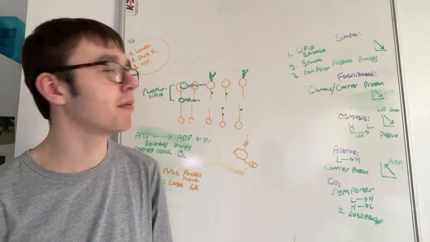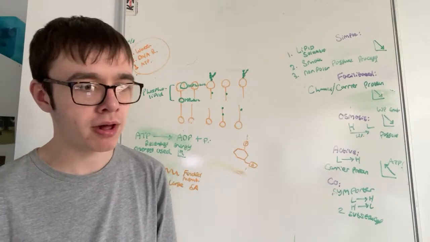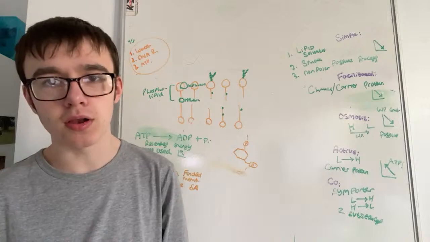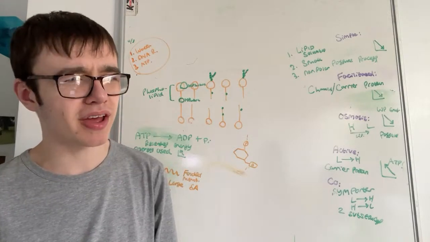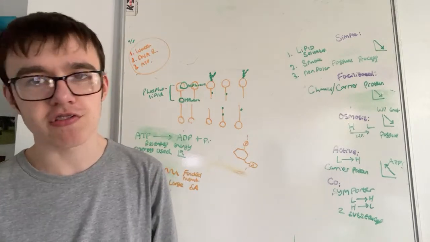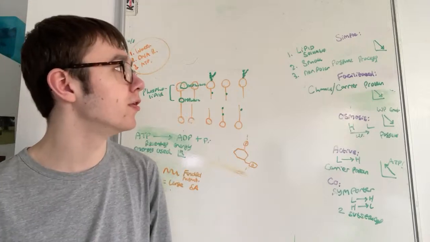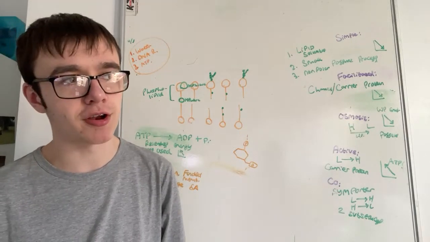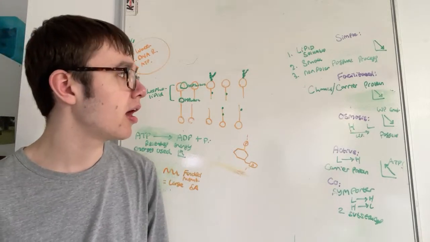Like, I mean, let's just think about this. Simple diffusion, you could just talk about the movement of lipid-soluble, small and non-polar molecules through the phospholipid, or I guess just the cell membrane, down a concentration gradient. Facilitated is for non-lipid soluble molecules going down a concentration gradient involving the use of a channel or carrier protein.